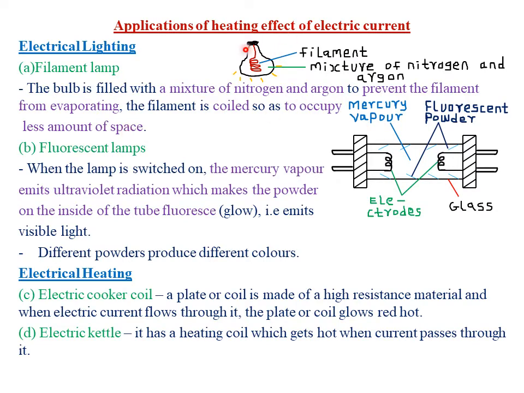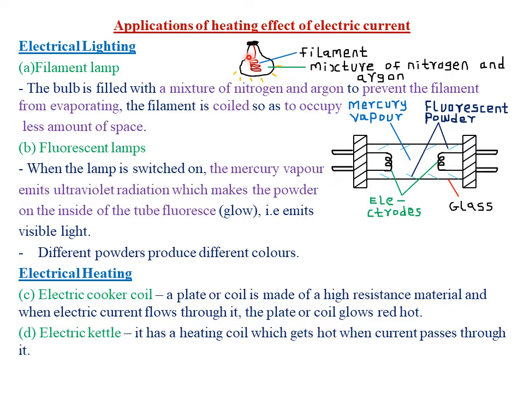So what happens is that when the current flows through this particular filament, the electrical energy is converted into light energy, although some of the electrical energy is also converted into heat energy.